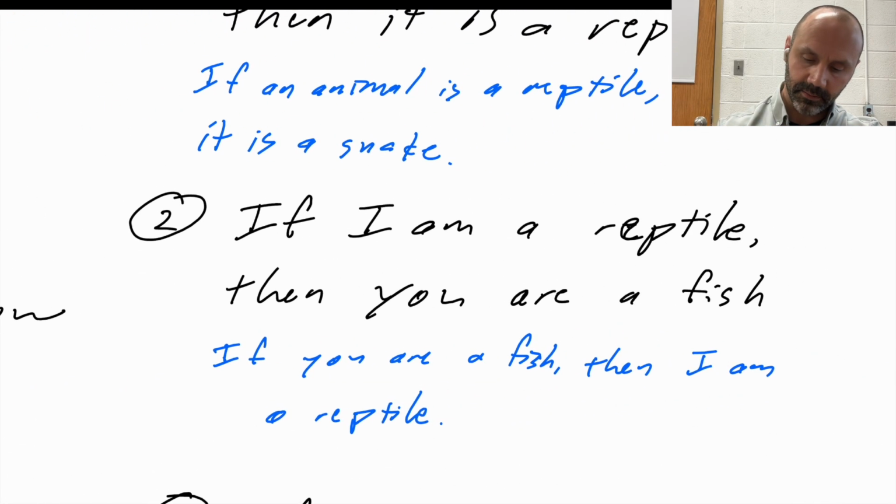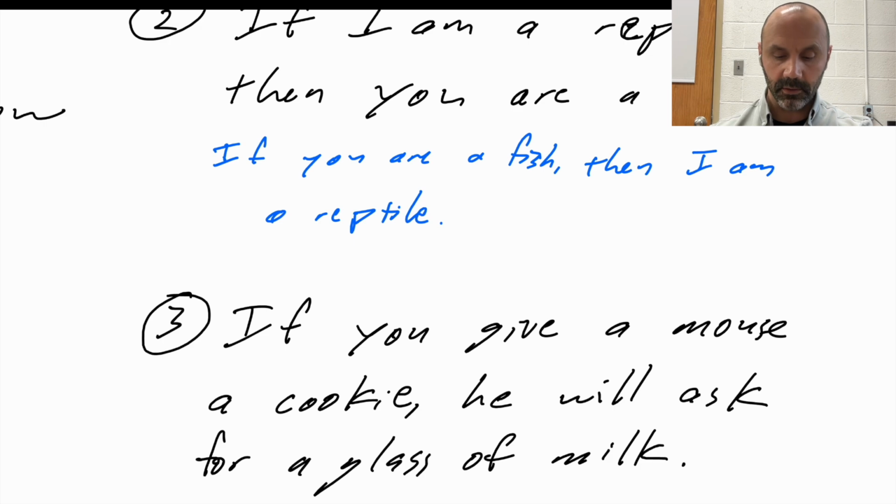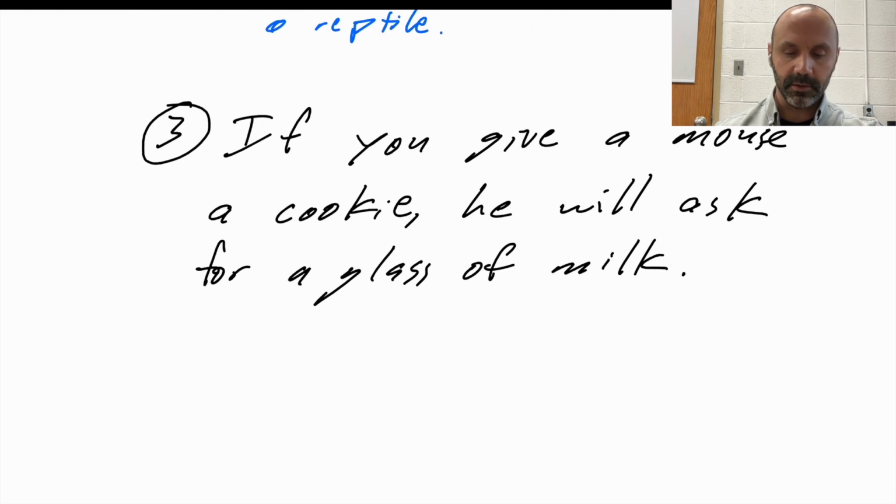And our last example: if you give a mouse a cookie, he will ask for a glass of milk. This line has been embedded into my mind. I have a 3-year-old and a 5-year-old at home, and I read this story every night. I could probably recite the entire thing for you, but regardless, if you give a mouse a cookie, he will ask you for a glass of milk. It's a conditional statement, and so we can evaluate it.